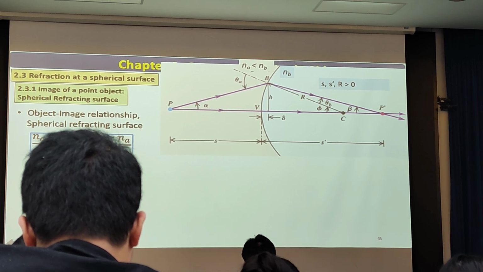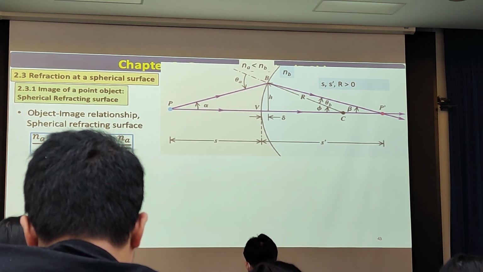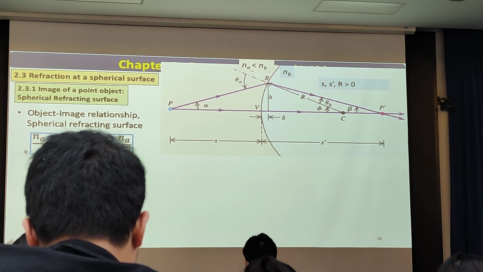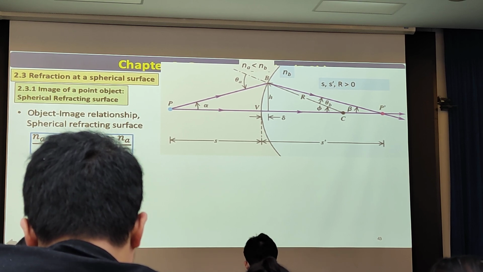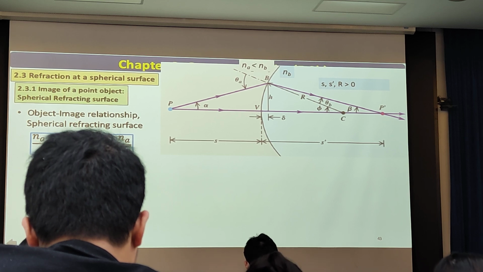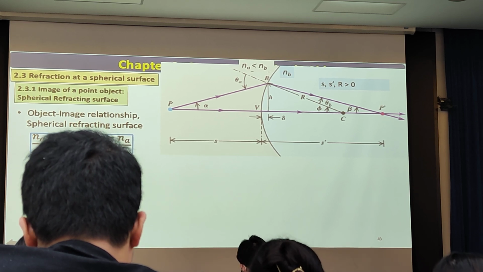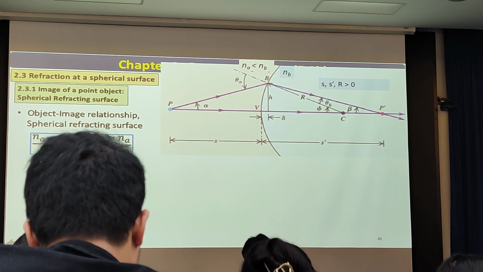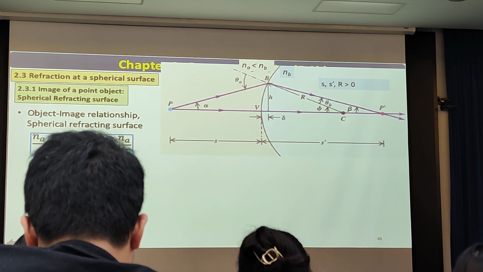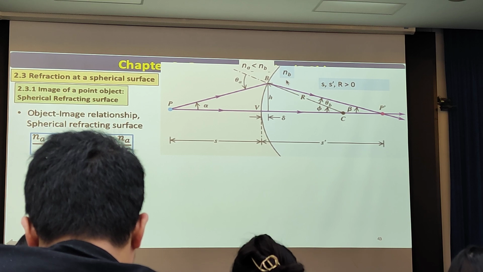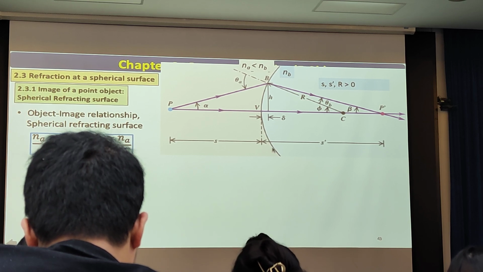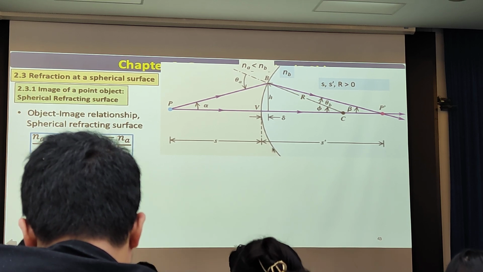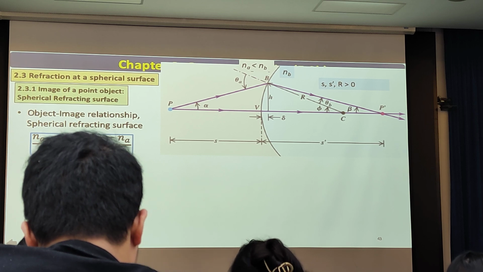So you have this formula showing you the relationship between the object distance, image distance, the radius of curvature of the spherical surface. And also for sure, very important is the refractive index of two materials, which the spherical refractive surface splits the medium into two. Okay, so we have this one.